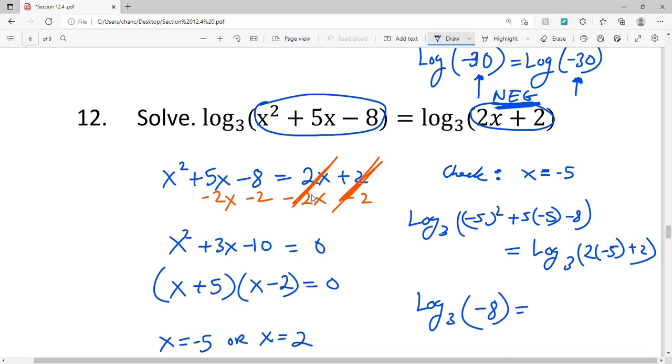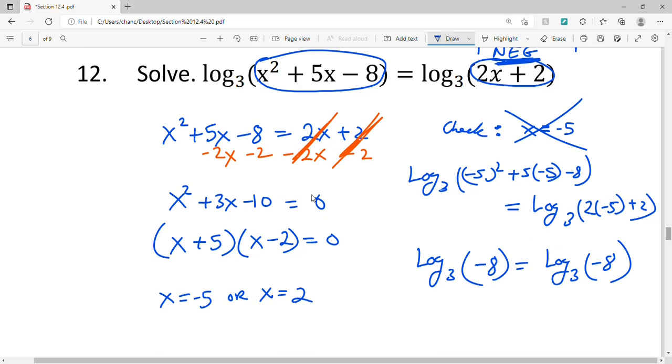On the right, you get log base 3 of, again, negative 8. This tells me that x equals negative 5 doesn't work. Again, it's because the argument is negative. You cannot have a negative argument. X equals negative 5 does not work.